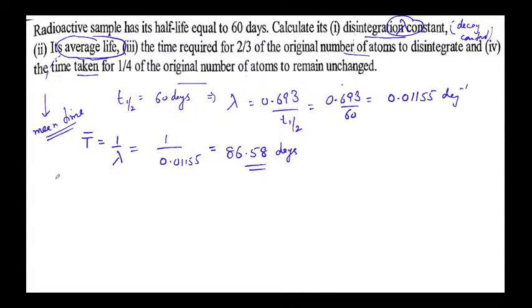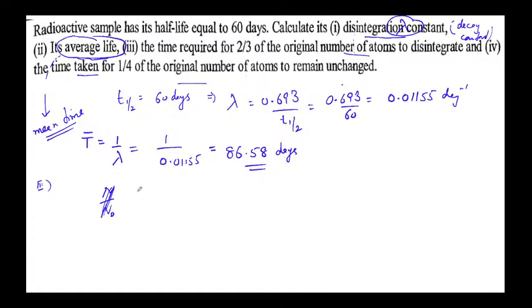So third, it is said that we have to calculate the time required for 2/3 of the original number of atoms to disintegrate. कि किन्ने टाइम दे विच जिहड़ा 2/3 जिहड़ा ओरिजिनल नंबर आ वो disintegrate हो जाएगा.